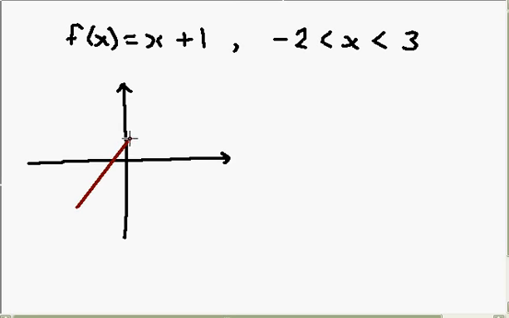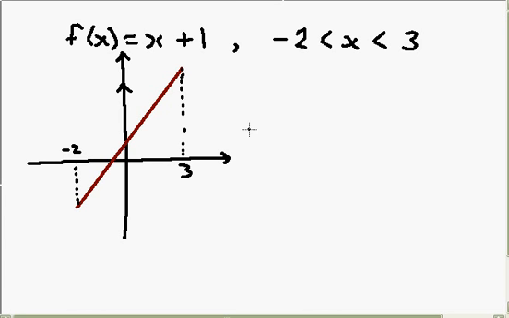So let's say it looks something like this. Let's extend the f-axis a little. So what we have is that this line exists between -2 and 3. That's the domain. It is restricted.